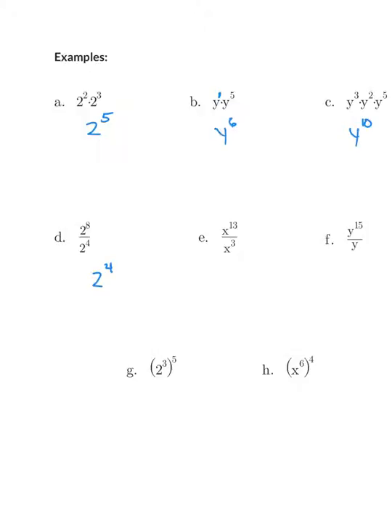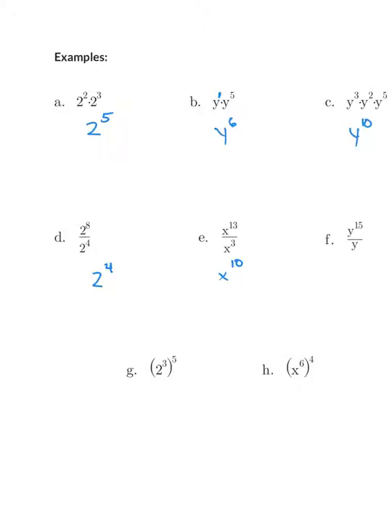You should be left with 2 to the 4th, or 8 minus 4. For example E, if you have 13 x's on top and 3 on bottom, we can cancel out 3 of them. We should be left with 10, or 13 minus 3.